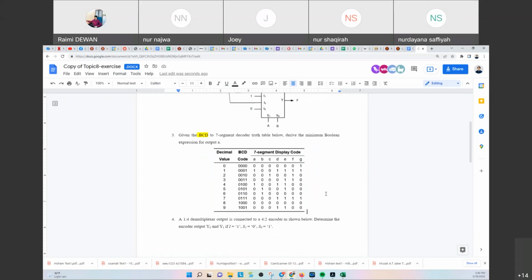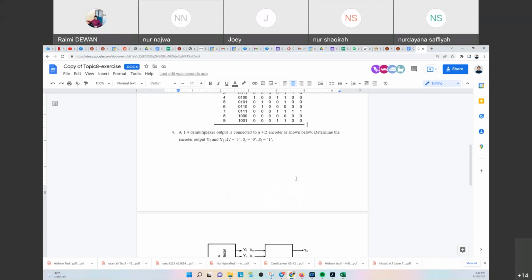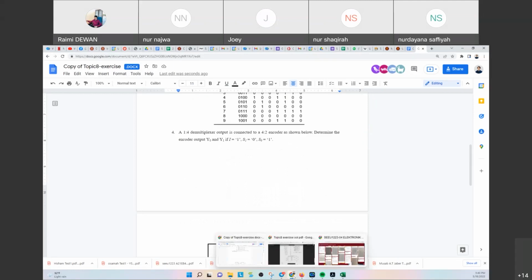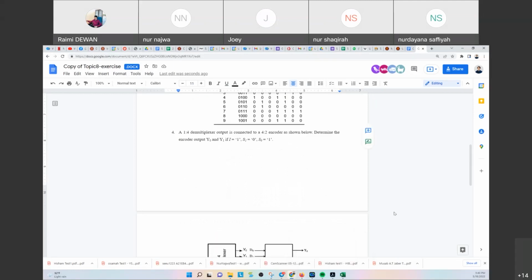Okay, I wait until 3:45. Then I will check and then we will go to the demultiplexer. I need to check at least 2 to 3 more students before I proceed, because we learn from your friend's mistake and we learn from each other. The more that I review, the more mistakes we can see, the more that we can learn.